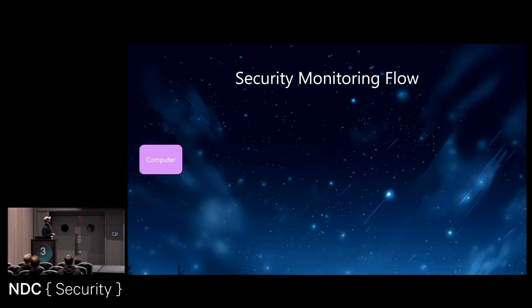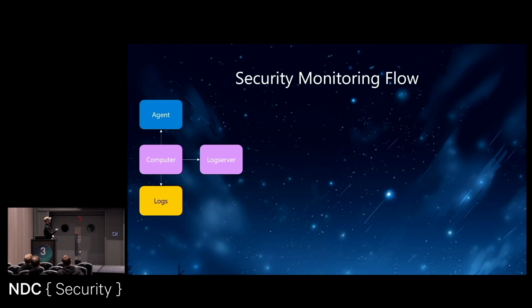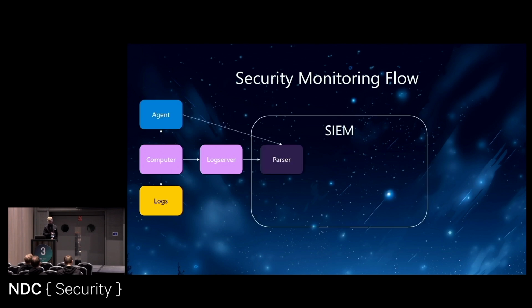We do this by gathering logs, and this is how it works. Someone does something on a computer, and this could be a cloud service, a network appliance, whatever. It generates some sort of logs. We take those logs and send them to a log server via an agent, API, whatever, to the SIEM tool. In my case, this is mainly Microsoft Sentinel, but something like Chronicle for Google, IBM QRadar, Splunk, whatever your flavor, it works the same.